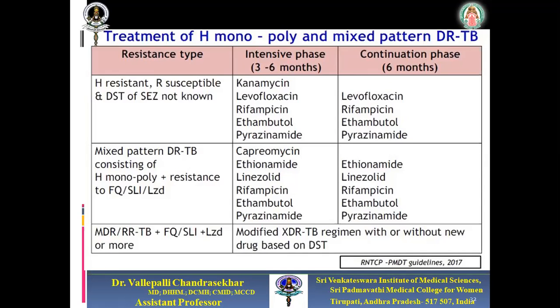The remaining 3 drugs will be the same. If there is MDR TB or rifampicin resistance with the addition of fluoroquinolone or injectable resistance, with the addition of linezolid resistance or more, then you have to give a modified XDR TB regimen with or without drugs based on the DST, drug sensitivity testing.